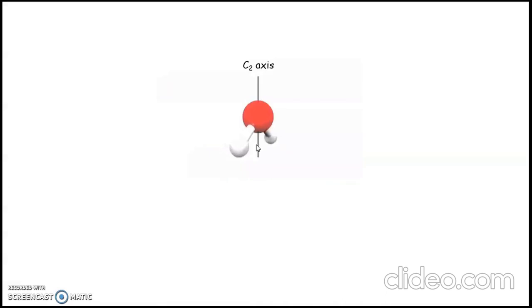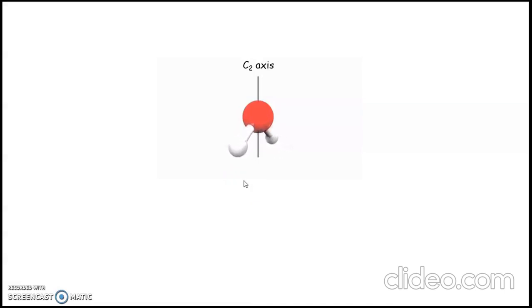So, now we will discuss the symmetries of vibrational modes in order to determine the selection rules for IR spectroscopy. For that, I am taking water as an example. We will consider the vibrations of the water molecule and we will determine which water vibrations are IR active.